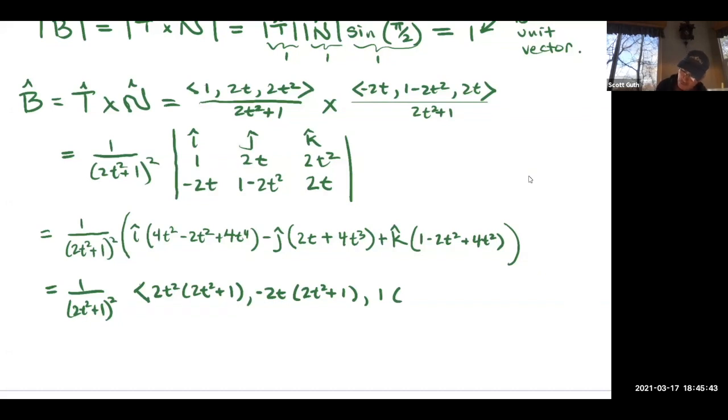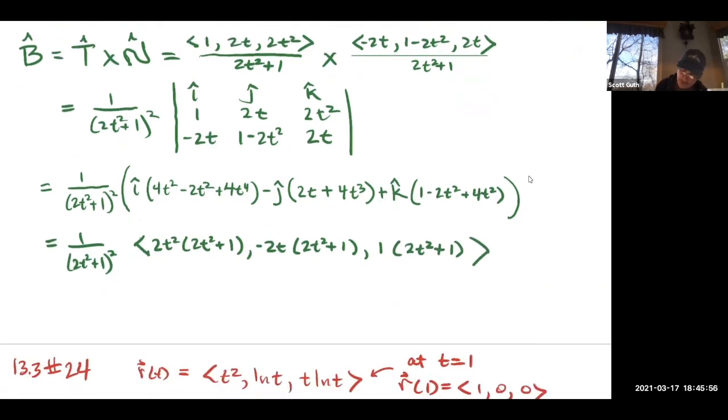Oh, wait a minute. I think there's a mistake. No, it's just 2t squared plus 1. No mistakes. It's a miracle. And obviously, you can factor that 2t squared plus 1 out.